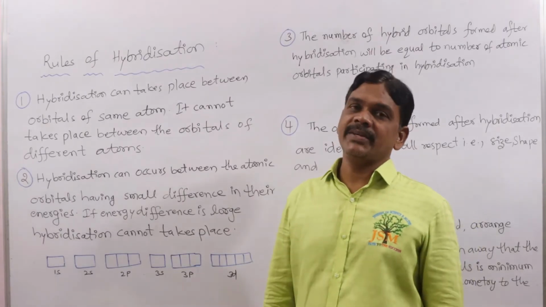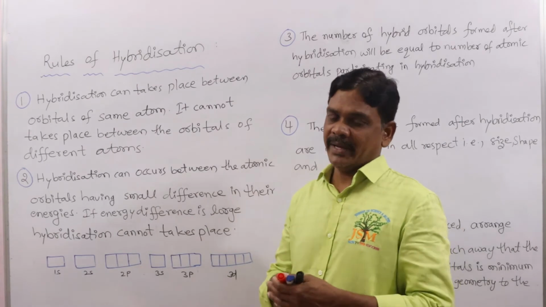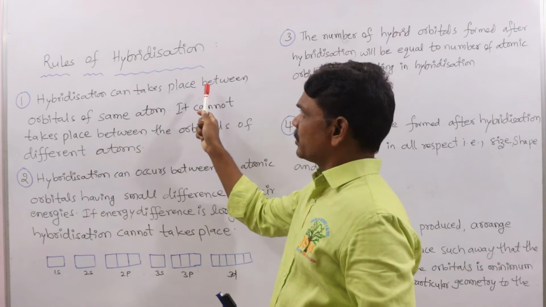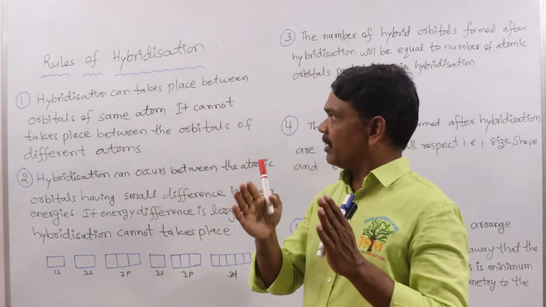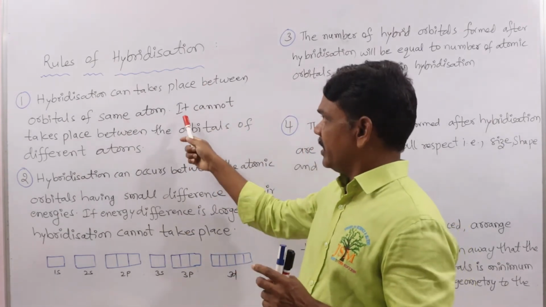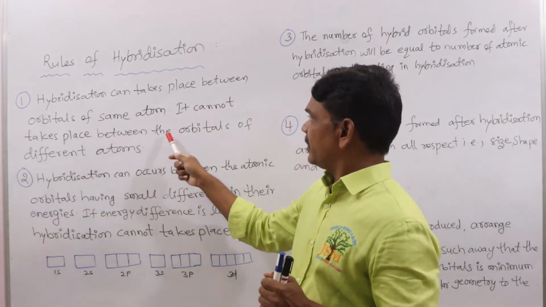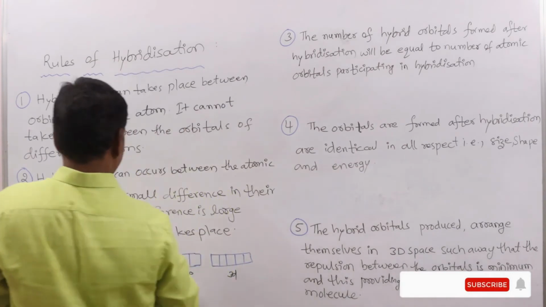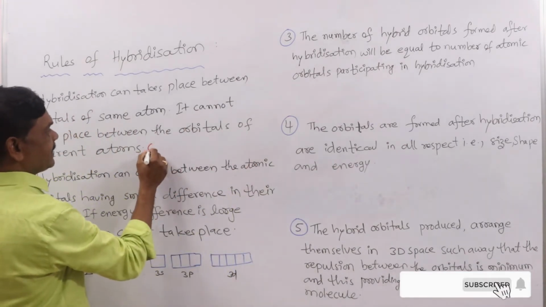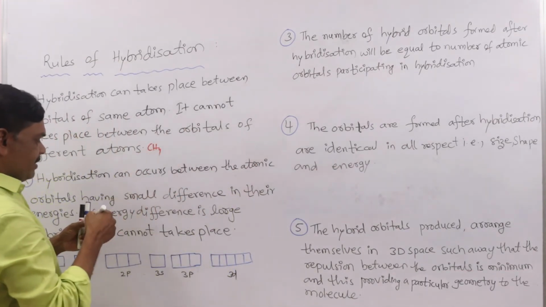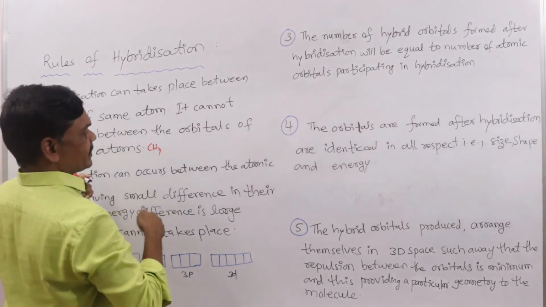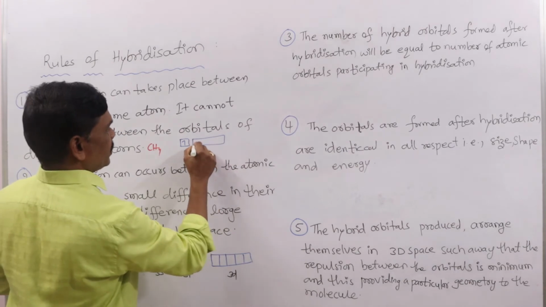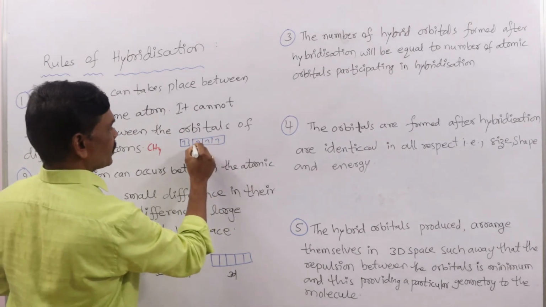Rules of hybridization. The first one: hybridization can take place between orbitals of the same atom. It cannot take place between the orbitals of different atoms. Say for example, in methane, the first excited state of carbon, that is 2s1 2p3.